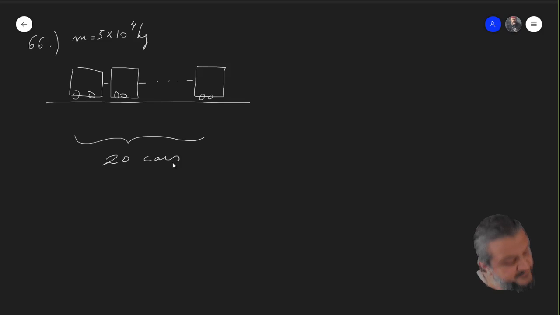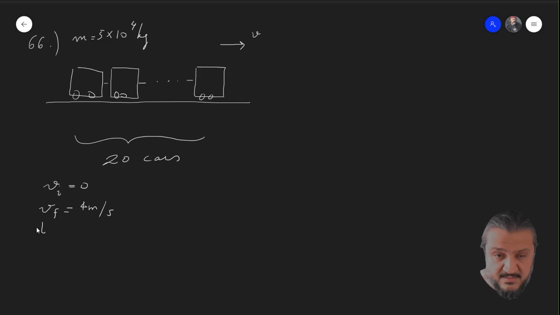The cars move from rest to a speed of 4 meters per second. From rest, the initial speed is 0, and the final speed, 20 seconds later, is 4 meters per second. So they're moving in this direction now after how many? 20 seconds. Delta t is equal to 20 seconds. It's a straight track.